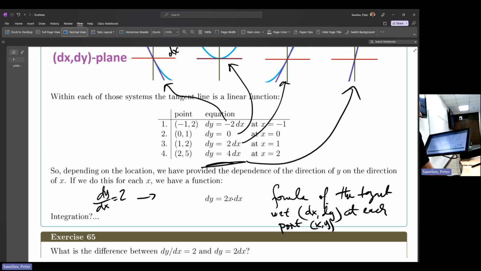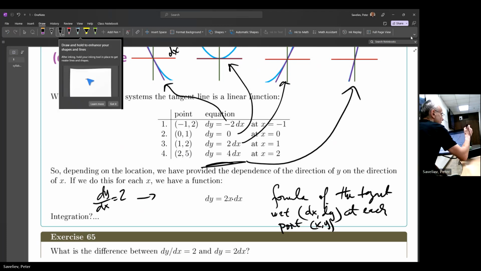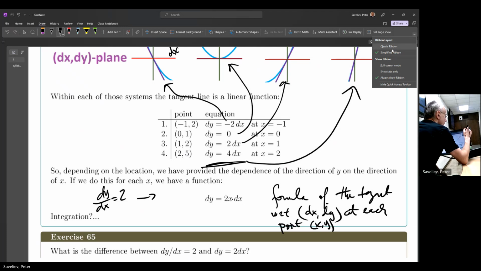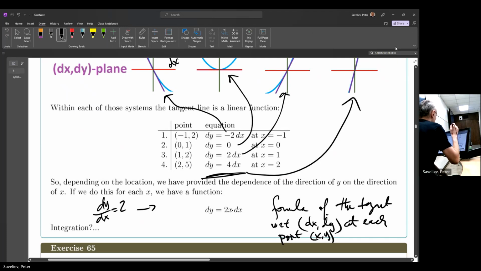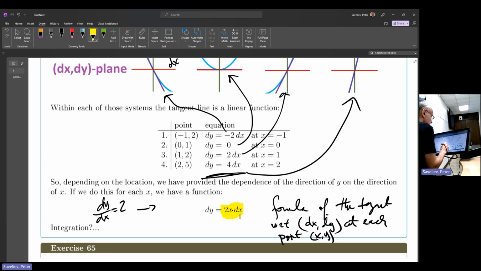Naturally, the right-hand side you've seen before. The right-hand side looks familiar, this part. Looks familiar?